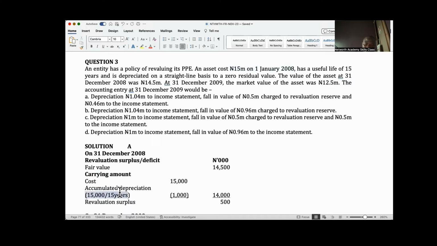So it's just 15 divided by the useful life, which gives me 1 million. When I remove that from 15, I get 14 million. If I compare this 14 million with the fair value, I will see that the fair value is higher by 500, which is a surplus. So there's a revaluation surplus of 500.